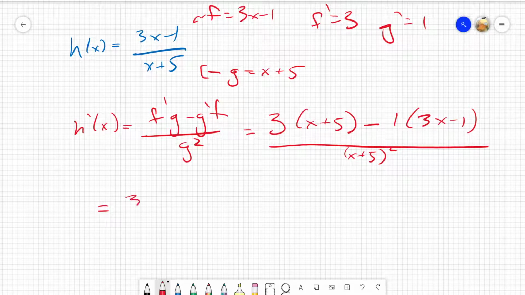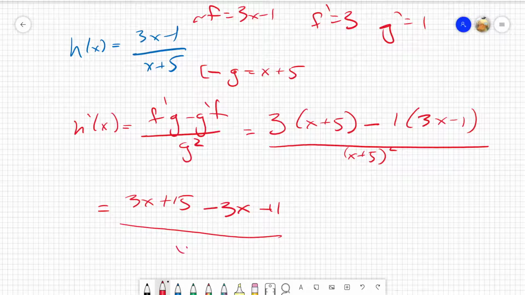So then that becomes 3x plus 15 minus 3x plus 1 over x plus 5 quantity squared, and the 3x's cancel, and so you get 16 over x plus 5 quantity squared.